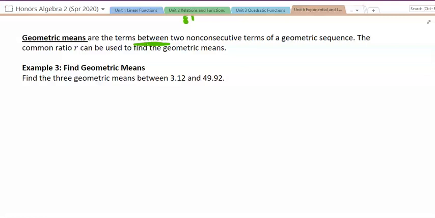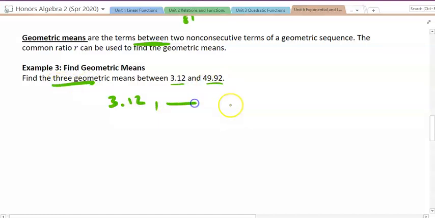Now, pay attention to this question here. It says find the three geometric means between 3.12 and 49.92. Let's just write out what this means for a second. So this means that I have 3.12. There are 3 terms in the middle, and then I've got the 49.92.